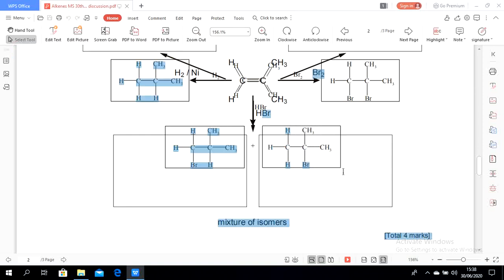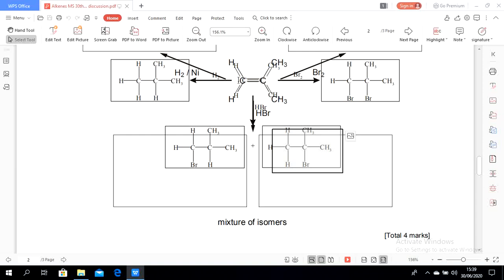Because according to the Markovnikov rule, the hydrogen of the hydrogen halide will attach to the carbon that already has hydrogen atoms in it. In this one, the left side carbon has 2 hydrogens, while the right-hand side carbon does not have hydrogen.